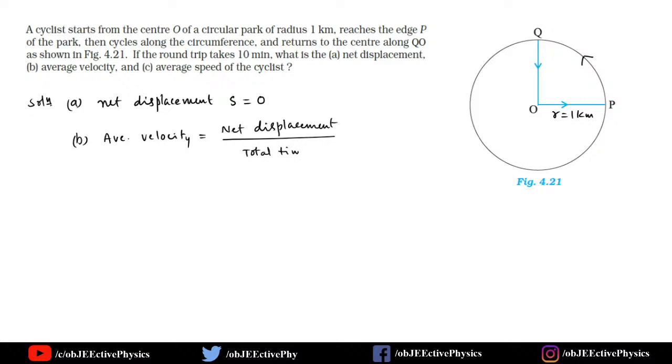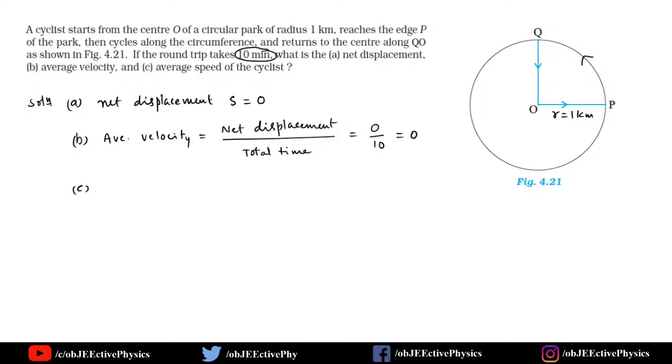What is the total time given in the question? Total time given in the question is 10 minutes. So 0 by anything is equal to 0. So average velocity is equal to 0 because net displacement is equal to 0. Why is net displacement 0? Initial position is O, final position is also O.